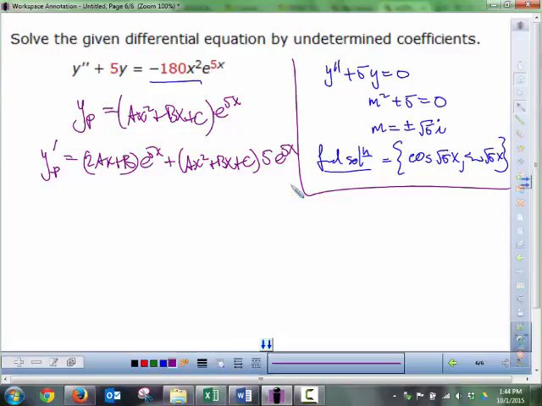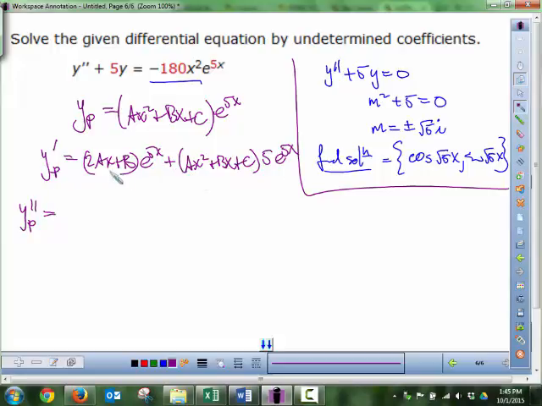Now I need to do the second derivative, so let's take the derivative again. Good thing I have a long line here. All right, so I have two product rules. Oh, you know what? I can try to combine them, instead of doing two product rules, with one quick simplification of factoring out e to the 5x.